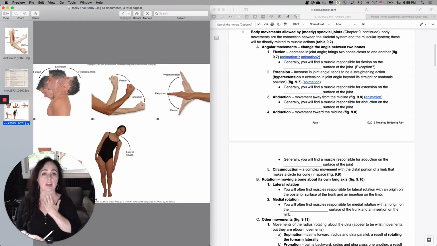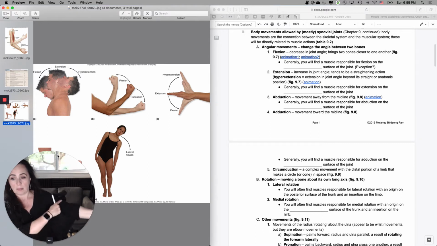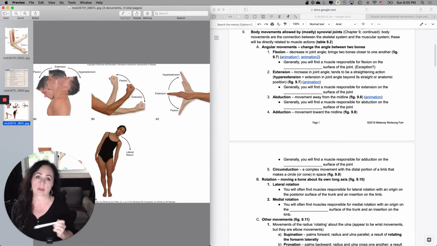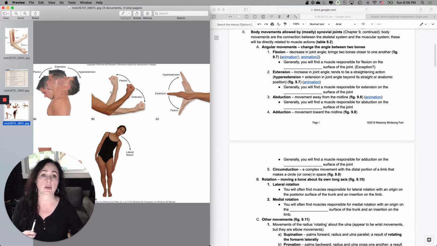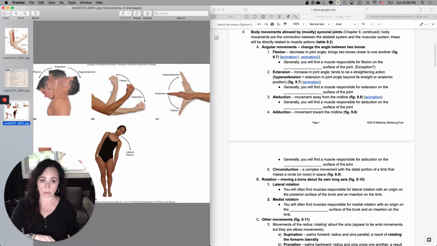I'm not talking about my chin, I'm talking about my neck. Or my angle between at anatomical position, my arm and my forearm is 180-ish, right? So when you are doing what is called flexion, you are decreasing the joint angle. So what the biceps brachii is doing here is starting from anatomical position and decreasing the joint angle. So it's flexion, okay? So it generally is an action that will bring two bones closer to one another.